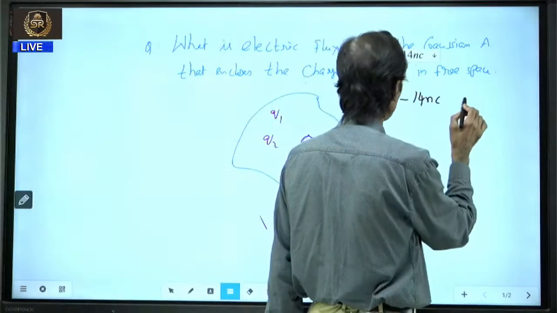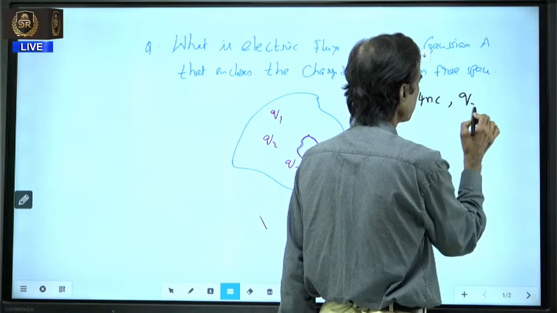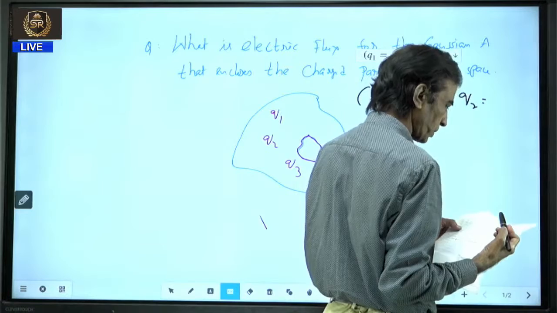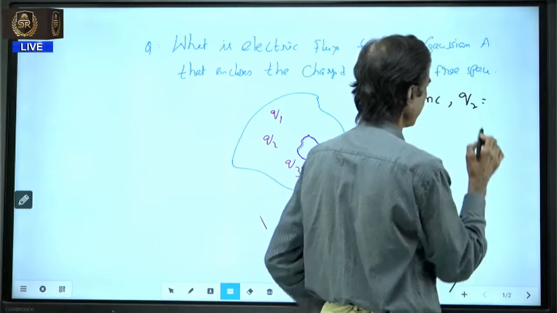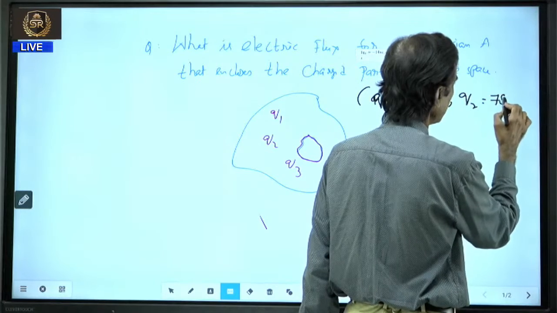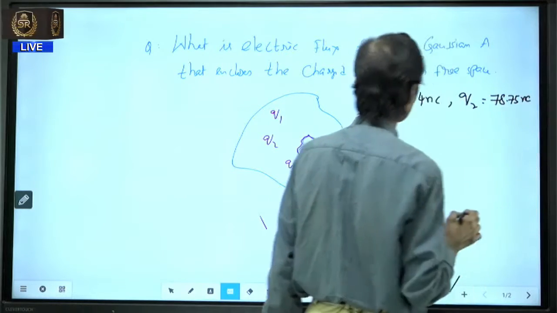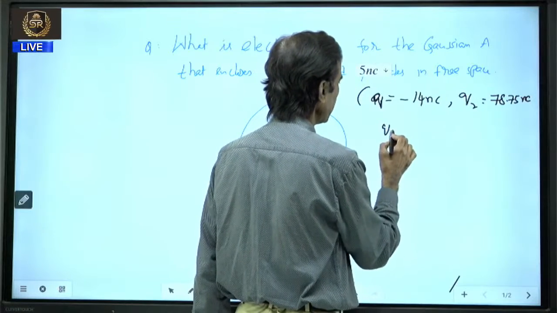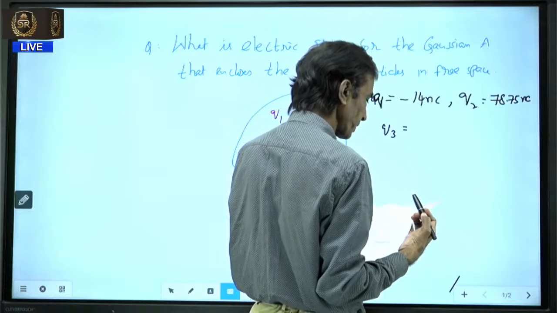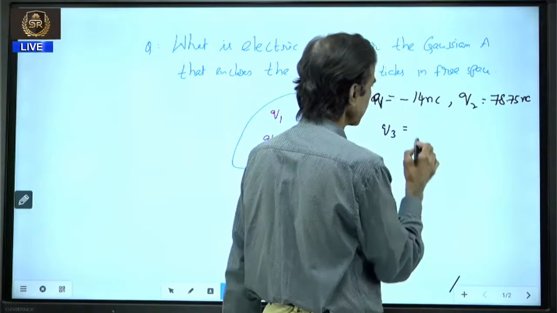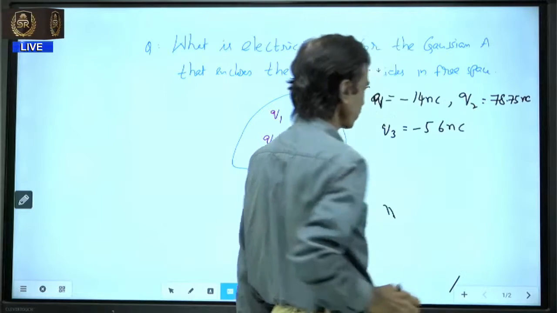Next, Q2, use small letters for small charges, is equal to 78.85 nanocoulomb. Next, Q3 is given as minus 56 nanocoulomb.